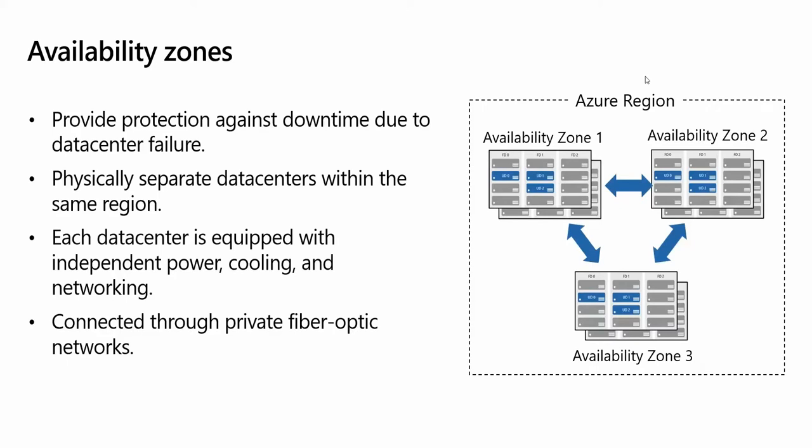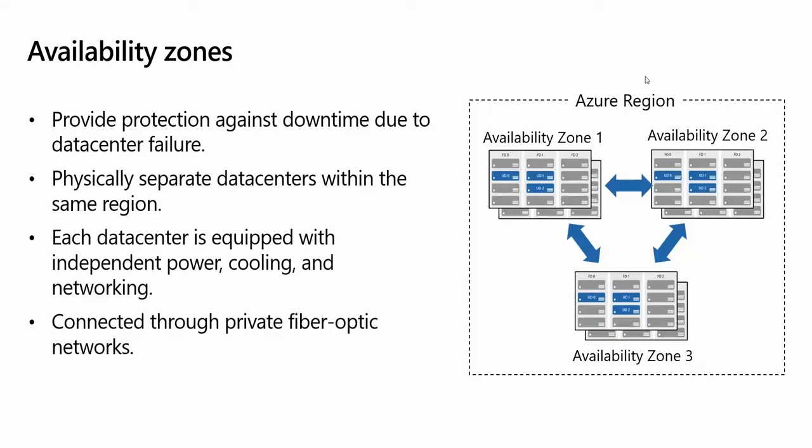So when we refer back to that map, that blue dot, we are looking at an Azure region, like the diagram on the right-hand side. And inside that region, we could have multiple availability zones, up to 3 actually. These are physical separate data centers located within the same region. Each one of these data centers is equipped with its own independent power, cooling, and networking.